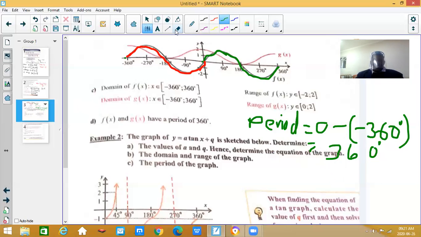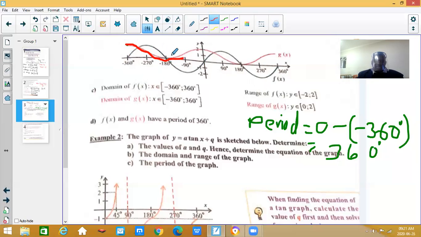Let us look at the period of g in x. We can also start from here. It starts here, and all along here it is still new.